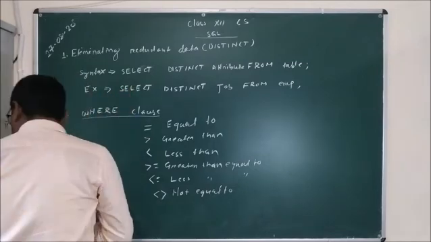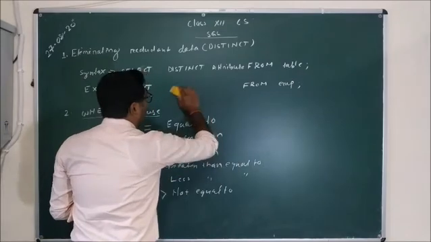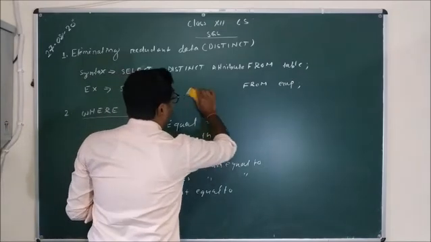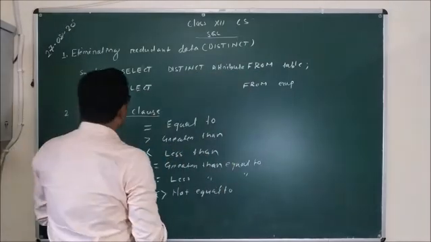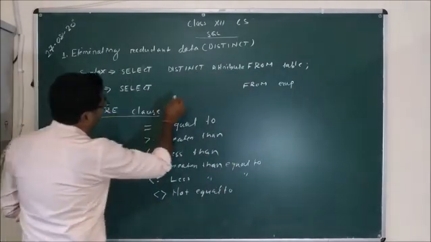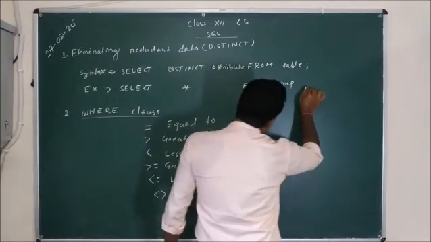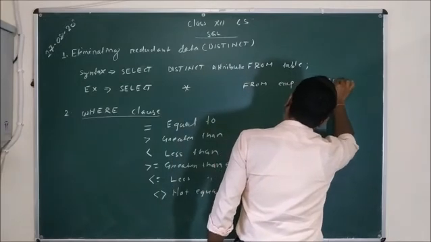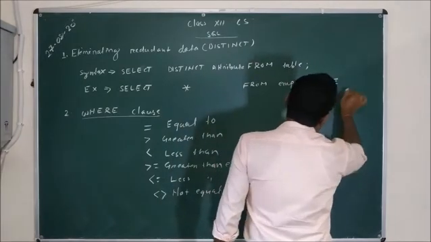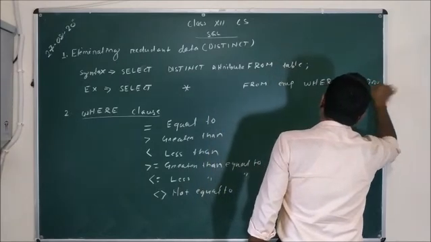Suppose in this case we want to display the details of employees whose salary is 2000. Then we have to write select asterisk from EMP. After that the where clause is written: where sal equal to 2000.